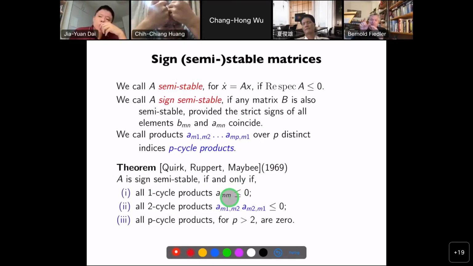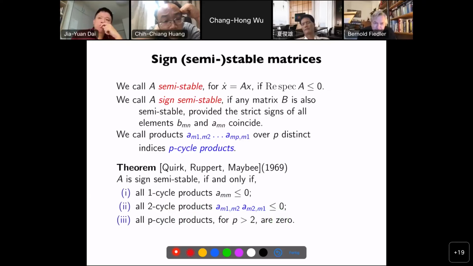Any two-cycle products, you see these guys are symmetrically located, any two-cycle product has to be less equal 0. And any even longer cycle has to contain a 0. So this is an if and only if characterization where from the signs of a matrix alone you conclude semi-stability.